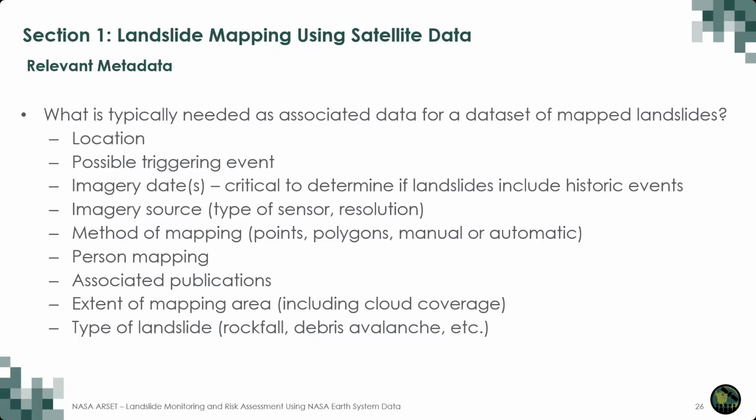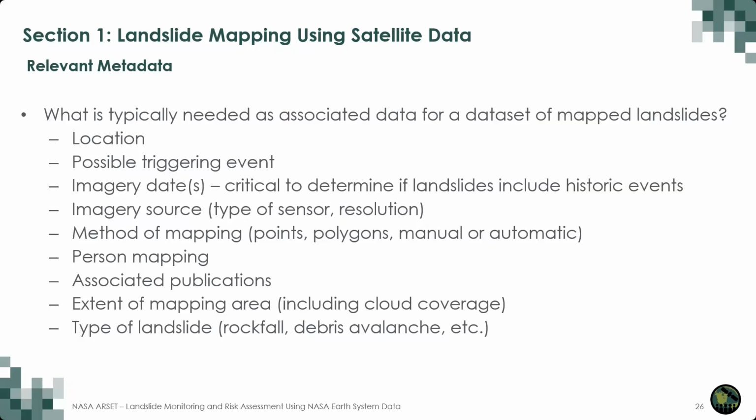That can be very easy in some cases, where you can point to a specific earthquake or seismic event, or in some cases you would know that these landslides were triggered by a significant rainfall event. So providing that information would be helpful. We'd want to provide the imagery date, to ensure that we have informed the user of this data set what the date of the imagery used for mapping was, so when that image was collected.